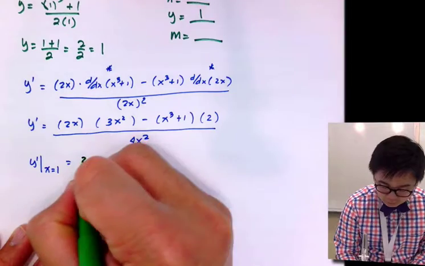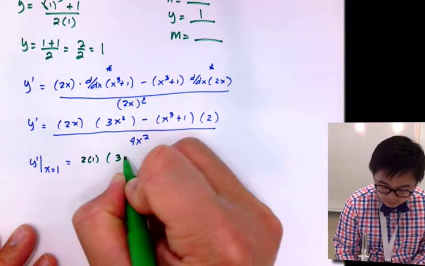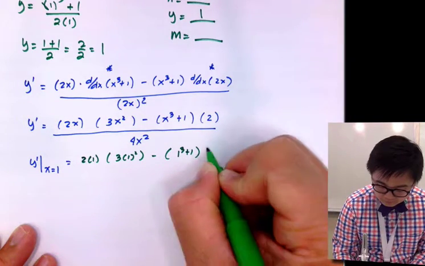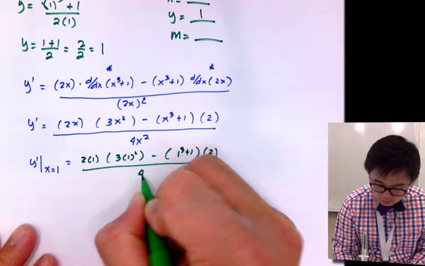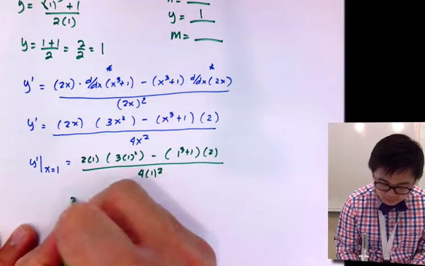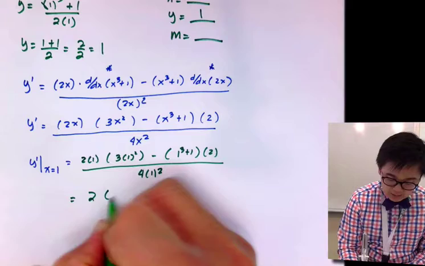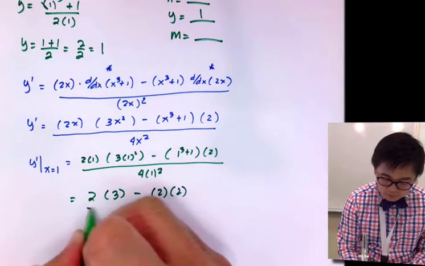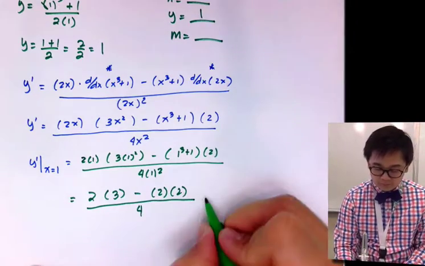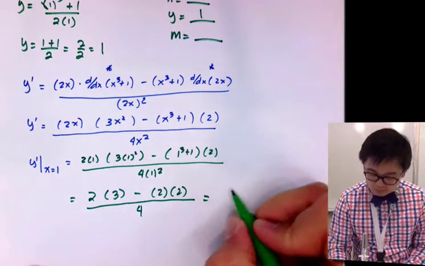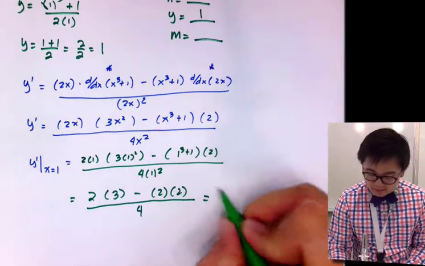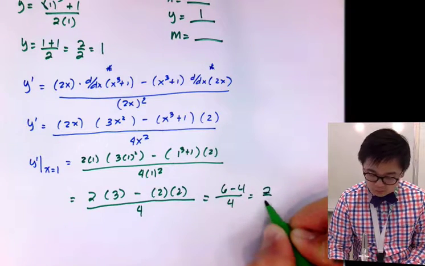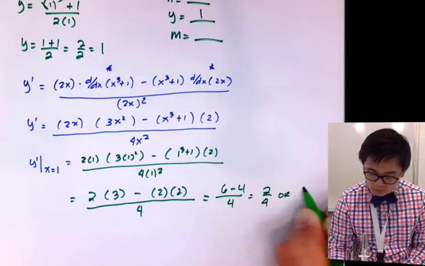So we'll have 2 times 1 multiplied by 3 times 1 squared minus (1 cubed plus 1) times 2 all over 4 times 1 squared, which will give us 2 times 3 minus 2 times 2 all over 4. And by simplifying this, we'll be able to find the value of the slope. So we'll have 6 minus 4 all over 4, which is 2 all over 4, or 1/2.